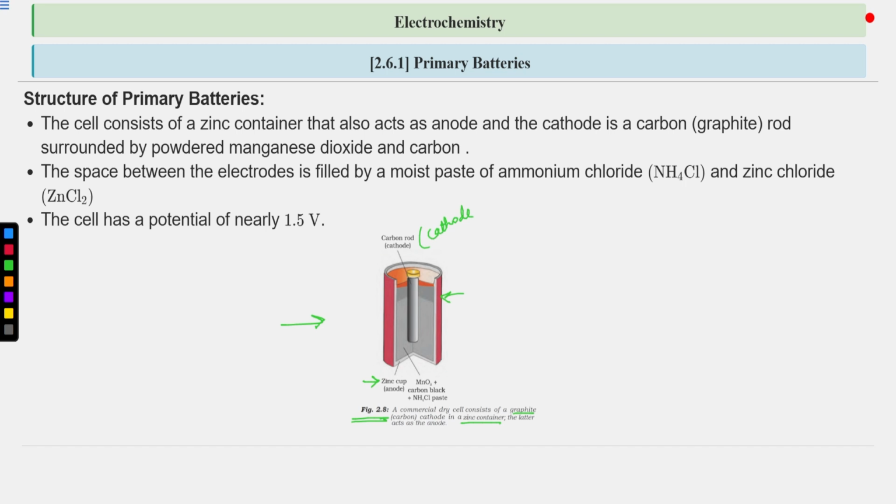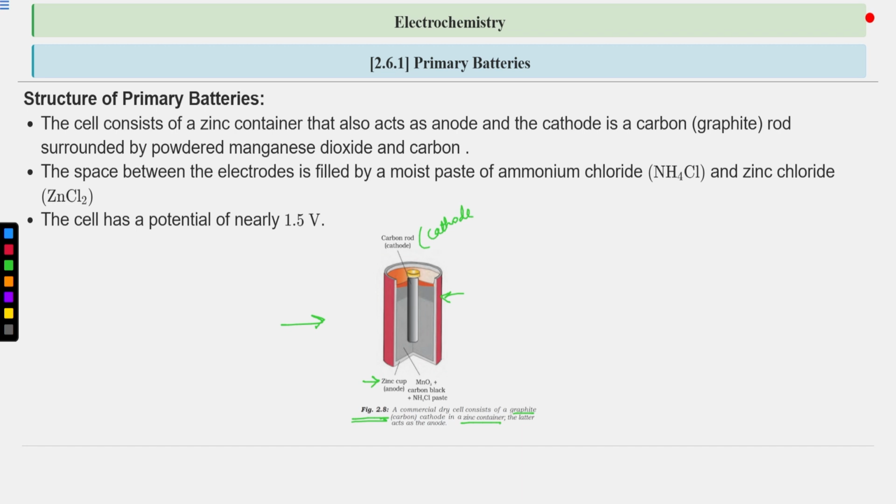So this surrounding red colored thing is the anode because it is a zinc cup, and in the middle we have a carbon rod, which is acting as the cathode. The space between the cathode and anode is filled by this moist paste of ammonium chloride and zinc chloride.